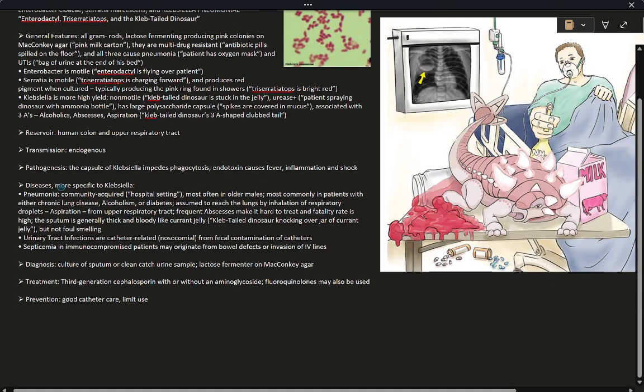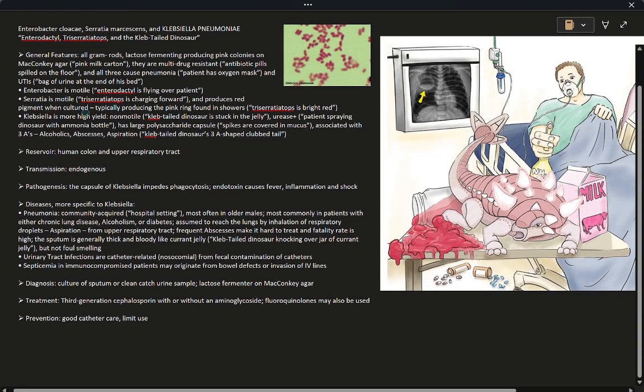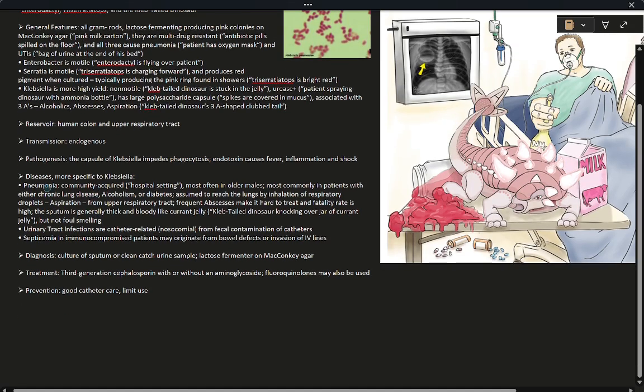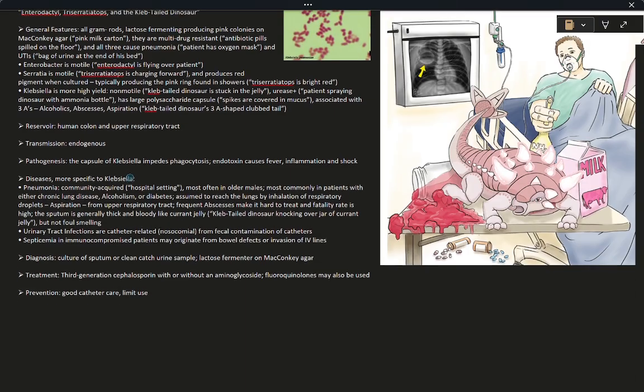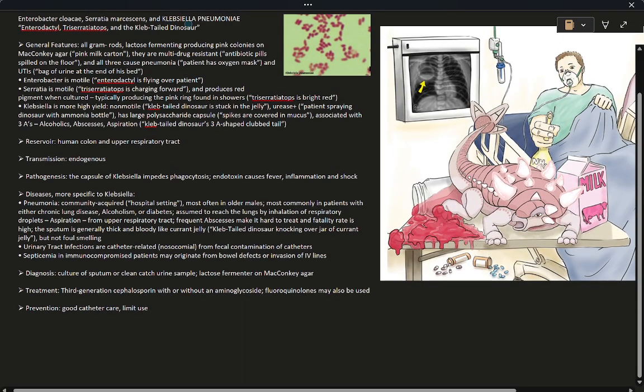And then for diseases, now these are typically more specific to Klebsiella pneumoniae rather than the Serratia or the Enterobacter. But the most notorious disease that the Klebsiella causes is pneumonia, which is why the term Klebsiella pneumoniae has the term pneumoniae in it.